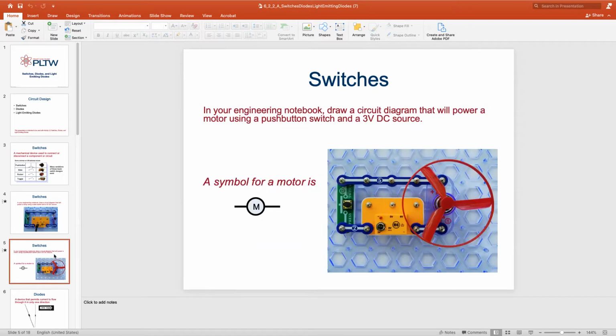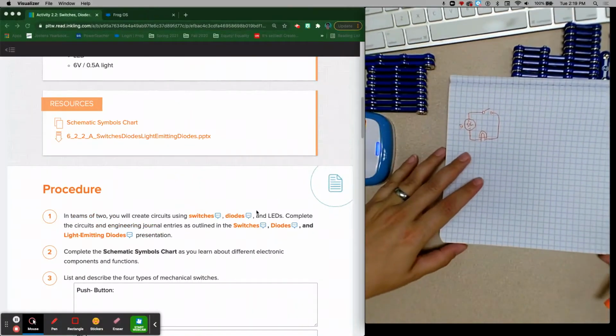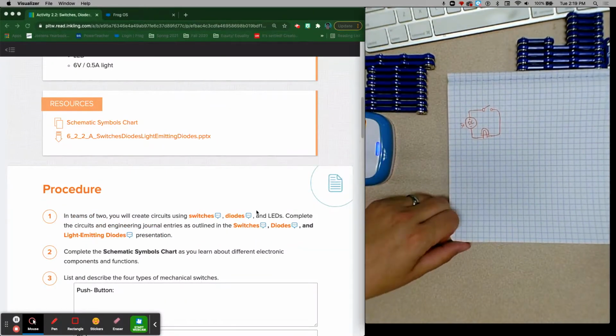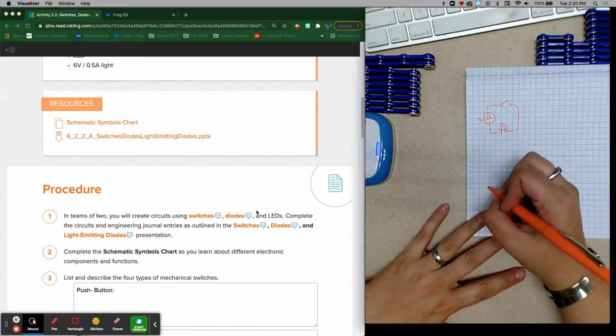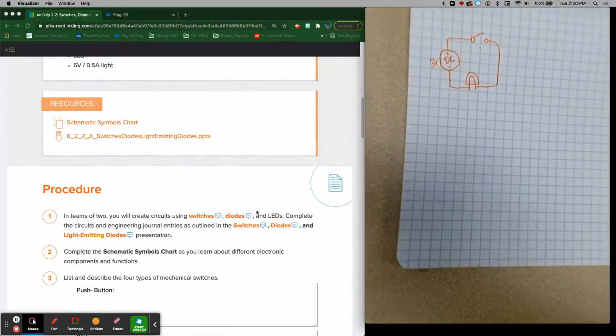The next one we want to do is a circuit diagram that will power a motor using a push button switch and a 3 volt DC source. So our symbol for a motor is M. Let's go back to our notebook. Let me zoom this in just a little bit.